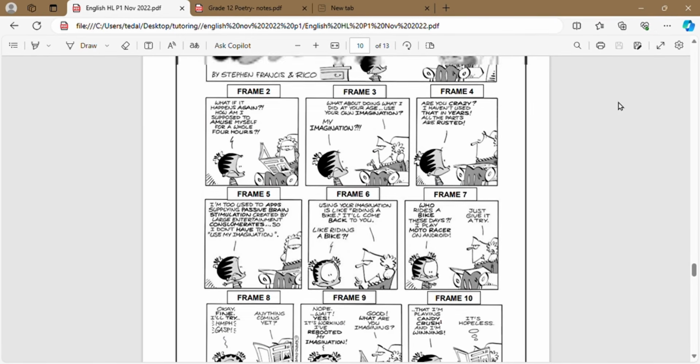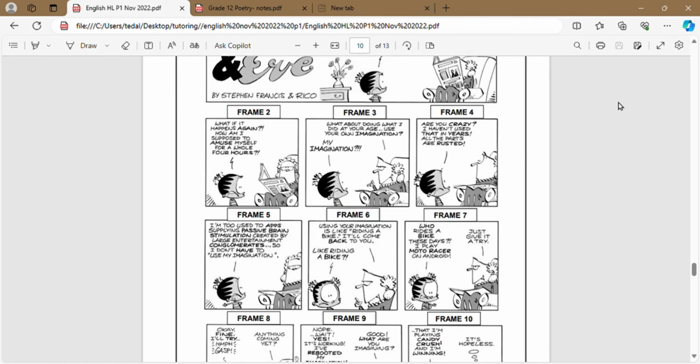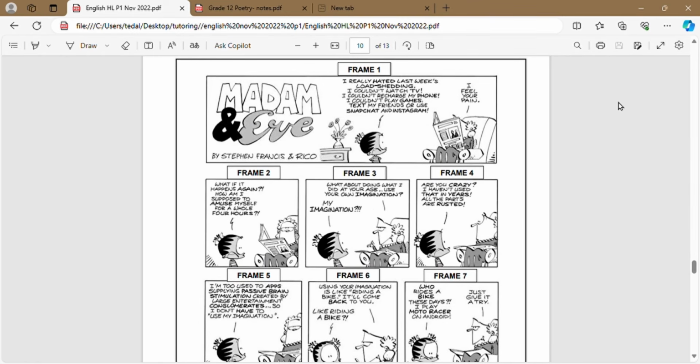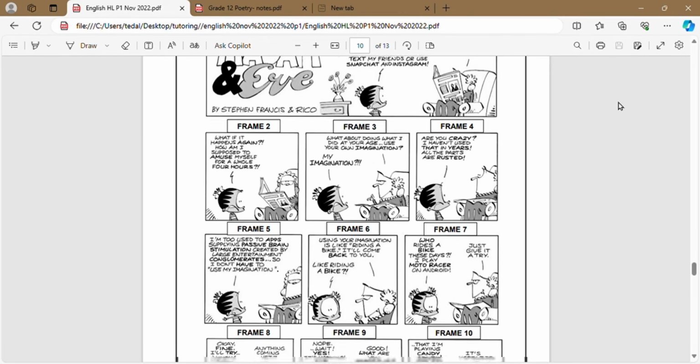And then you look at the cartoon, read what they're saying, look at the body language, look at facial expressions, things like that, and different drawings around them and stuff to kind of understand what message is being portrayed there.